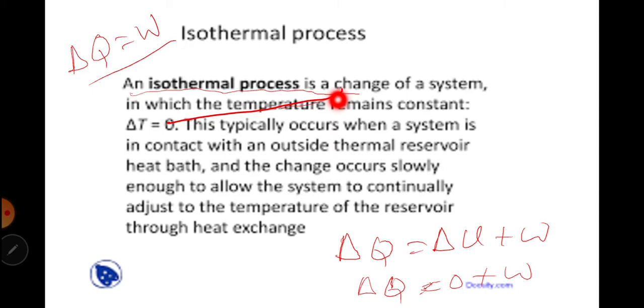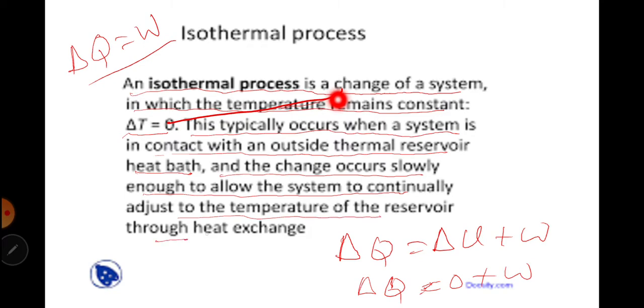Isothermal process is a change of a system in which the temperature remains constant. It typically occurs when a system is in contact with an outside thermal reservoir, a heat bath, and the change occurs slowly enough to allow the system to continually adjust to the temperature of the reservoir through heat exchange.